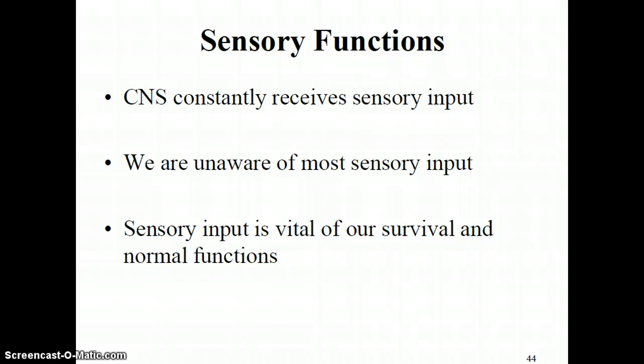Notice that the central nervous system is constantly receiving sensory input. We do not become consciously aware of most sensory input, and that's probably a good thing. It would be way too much information.